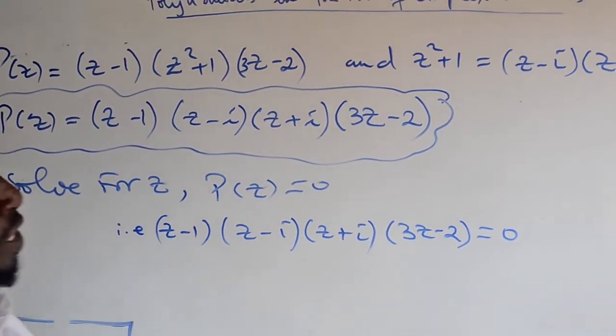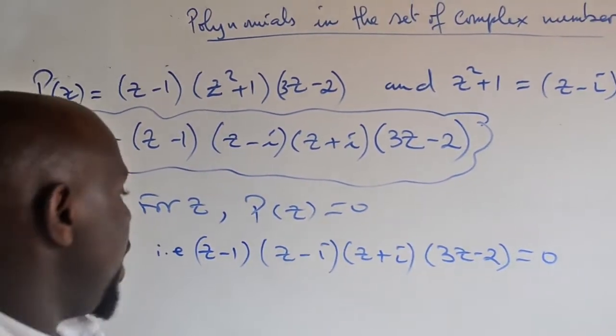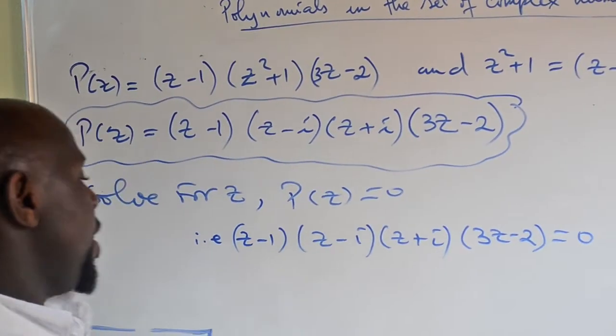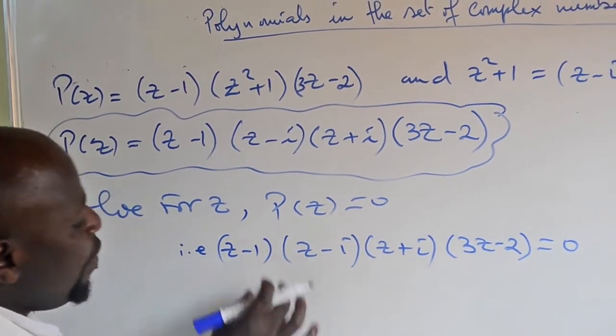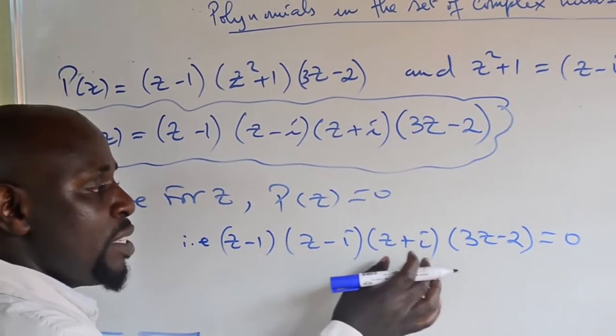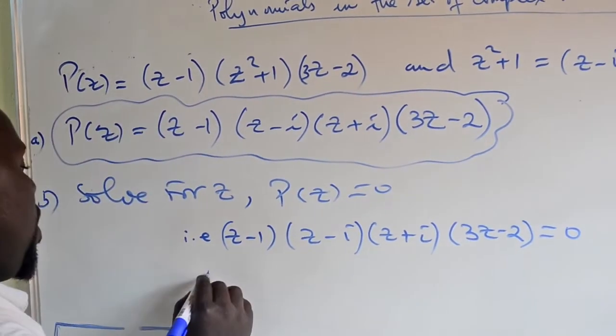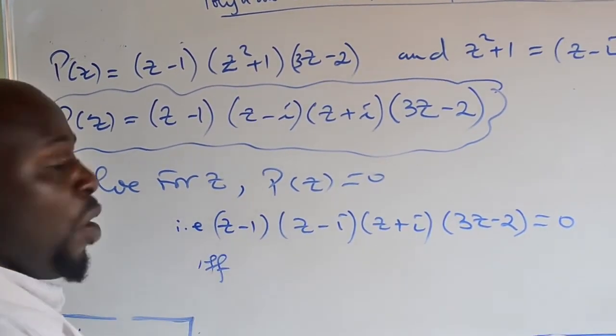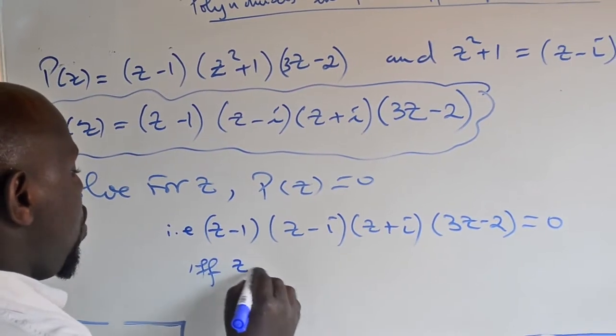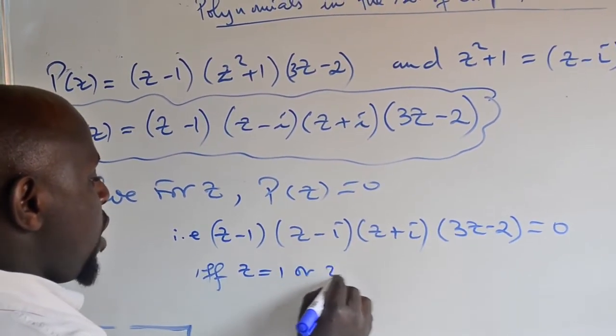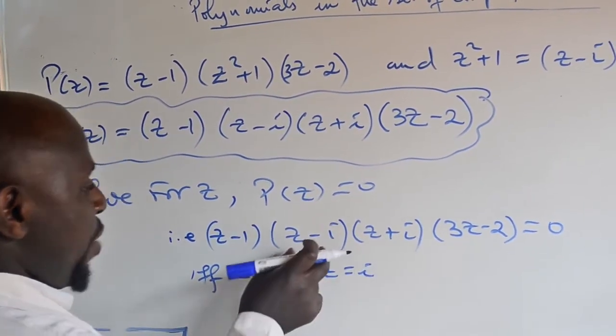Now, if this is 0, ladies and gentlemen, this will happen when? This will happen if and only if one of these factors equals 0. And we shall have now, it is possible if and only if z equals 1 or z equals i for the second one.